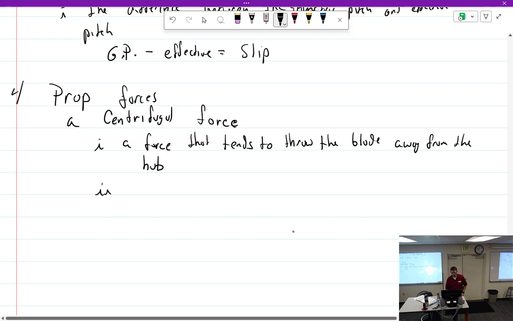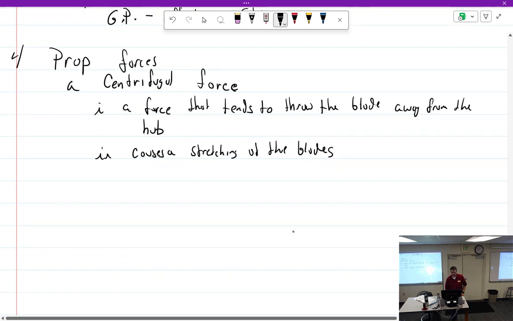It causes a stretching of the blades. Makes the paint slide off. It is the greatest force acting on a prop.